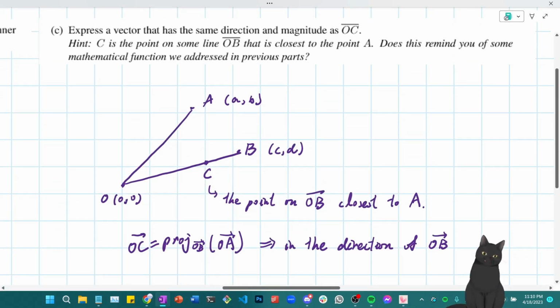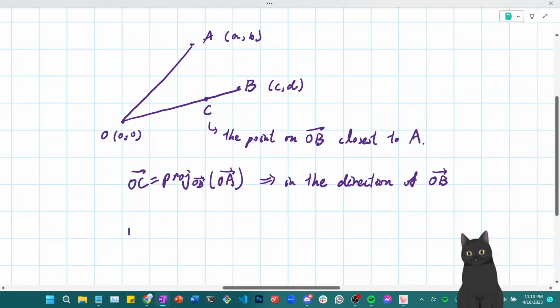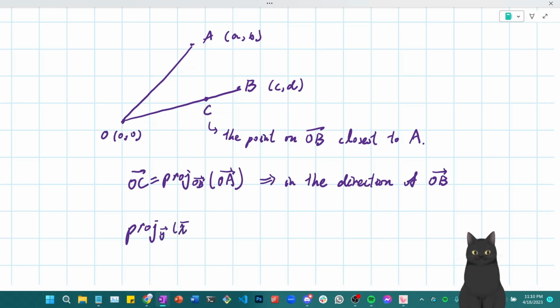Okay, so now we just have to find the projection of OA onto OB to settle with this. Remember that the projection of some vector x onto y is equal to x dot y over y dot y times y itself.